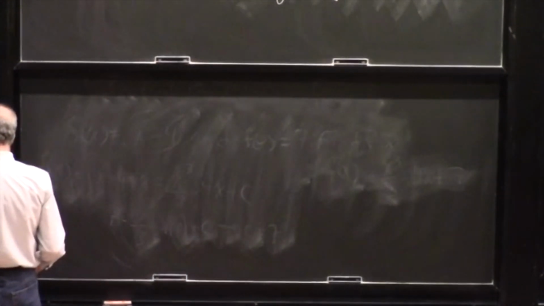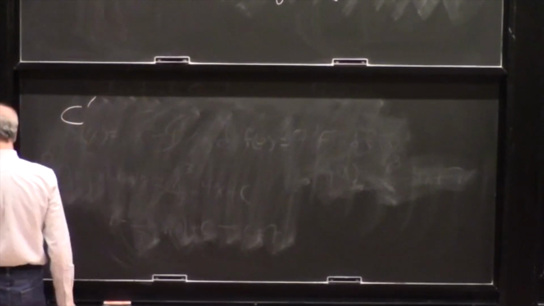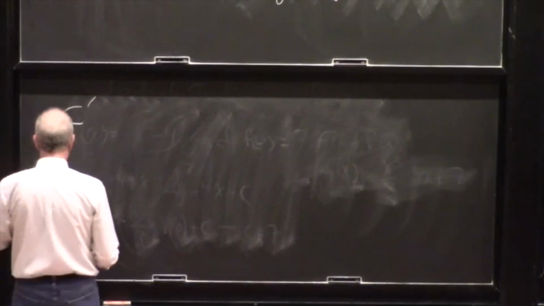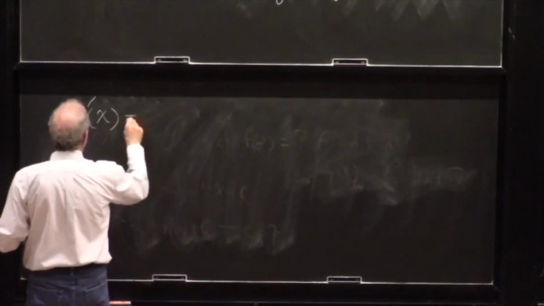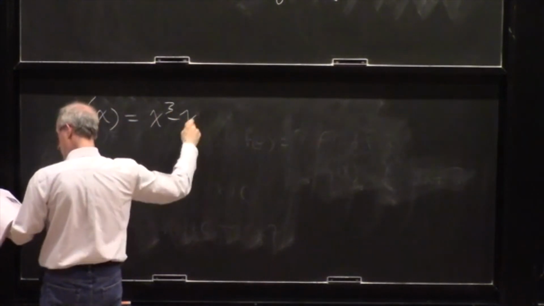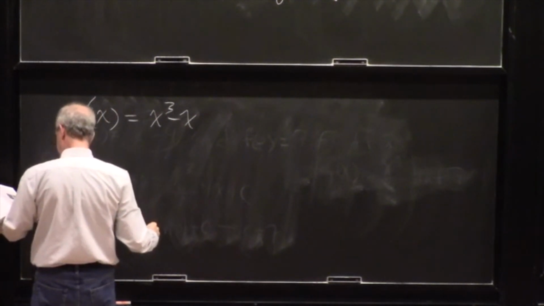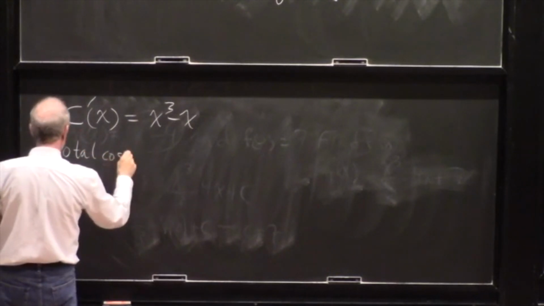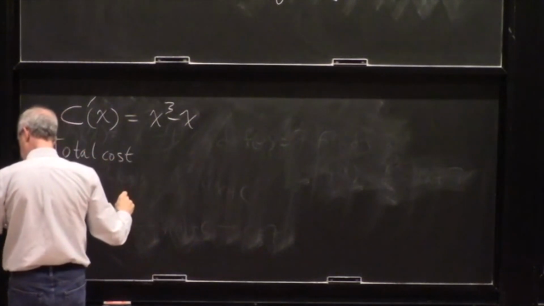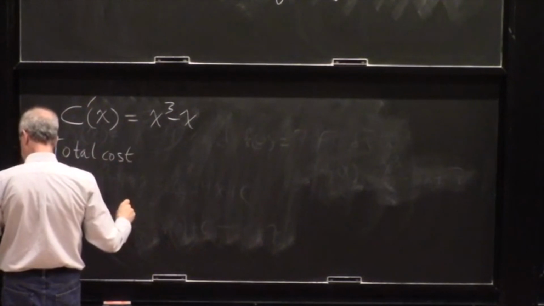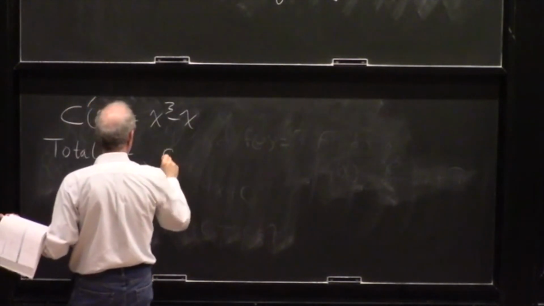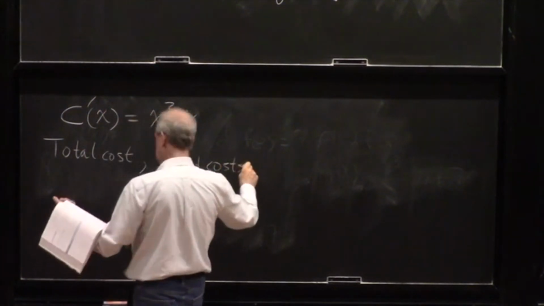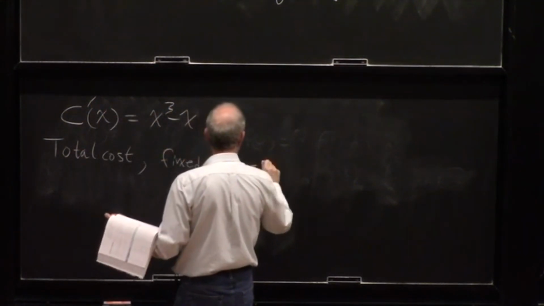Okay, so let's say that the marginal cost of producing the xth water bottle is x cubed minus x. That's an unrealistic function. Find the total cost if we know that the fixed costs are $7,000.